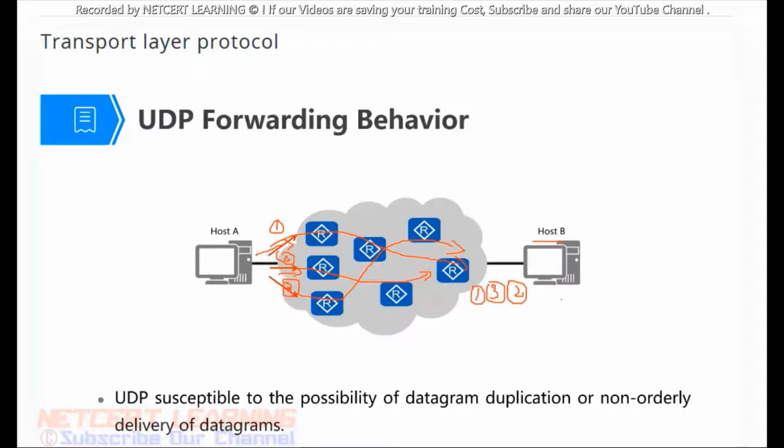The receiver first receives the second packet. This is the scenario where the packets are disordered. Can UDP recover from the disorder of the packets? No, because UDP has no mechanism to detect if the packets are disordered or ordered.